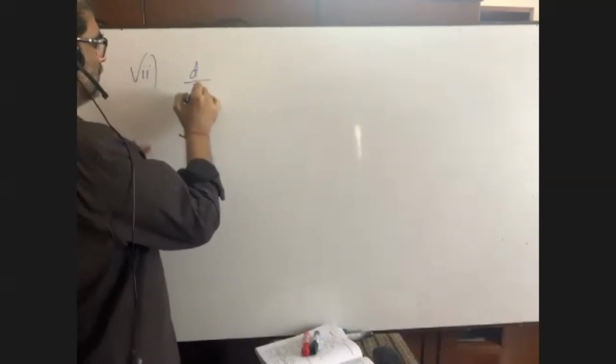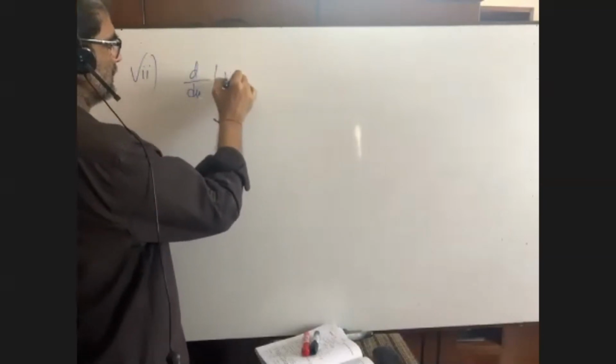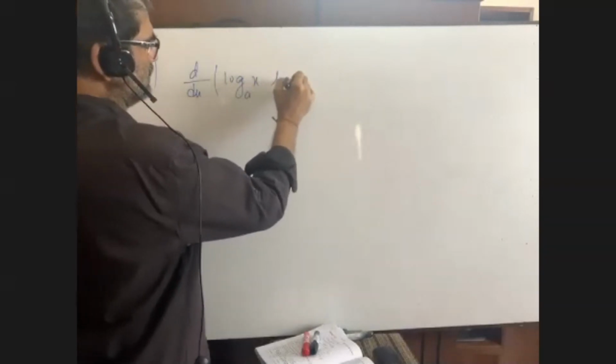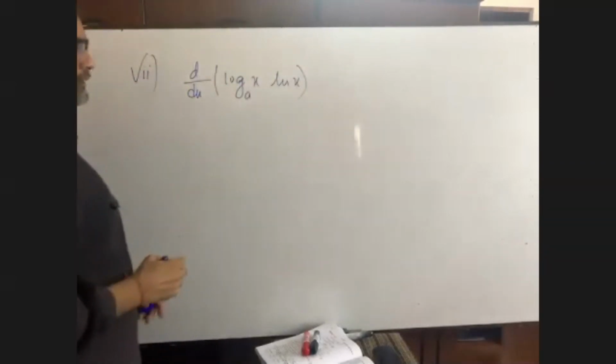Next math, question number 7. d by dx of log a base x times ln x.